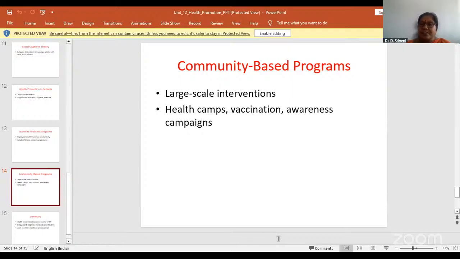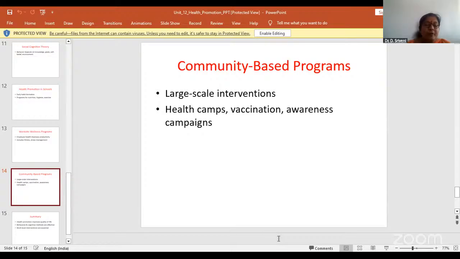These interventions not only provide information but also build a social support system that encourages individuals to adopt and maintain health behaviors. For instance, when a community collectively practices waste segregation or follows sanitation guidelines, individuals are more likely to conform to these positive behaviors due to social influence.